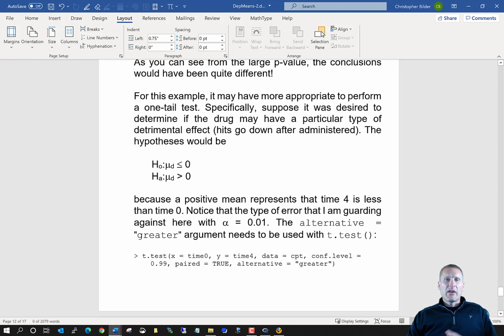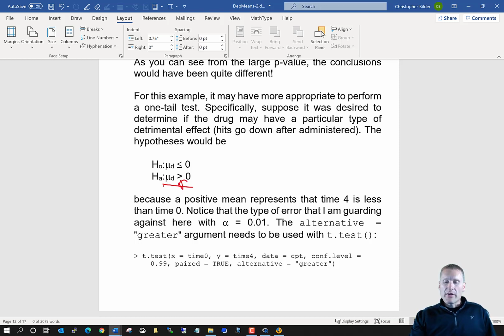What about a one-tailed test? In this case, most likely, because of how pharmaceutical drugs tend to affect people, a research hypothesis could be that one will be less alert on average after they take the drug. So I would look for mu d greater than or equal to 0.